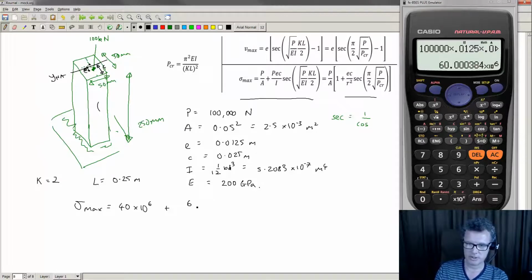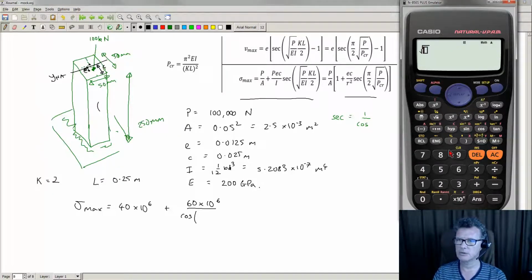So that's 60, it's bang on 60, divided by cos, and what we got here, so we got square root P, 100,000, E, 200 gigapascals.